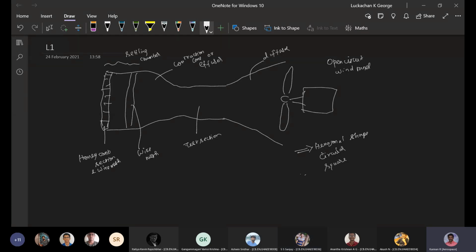Okay. So they will be going for a hexagonal shape. Mainly, you have to look at the number of corners. Hexagonal shapes have more corners. These corners cut down the eddies very effectively.